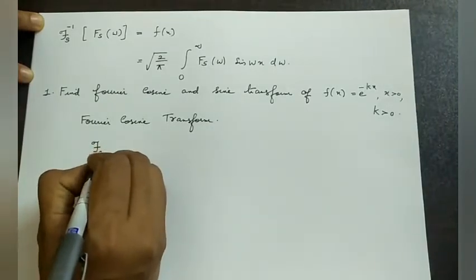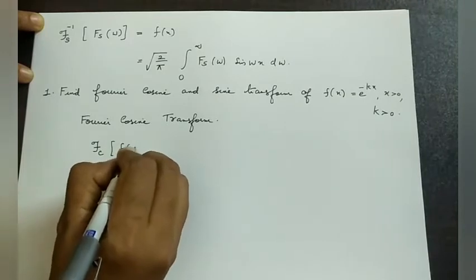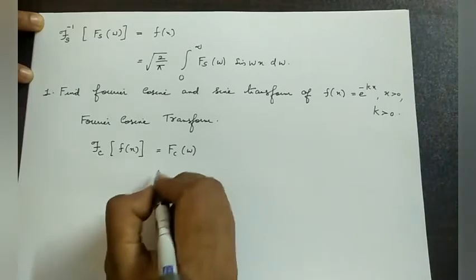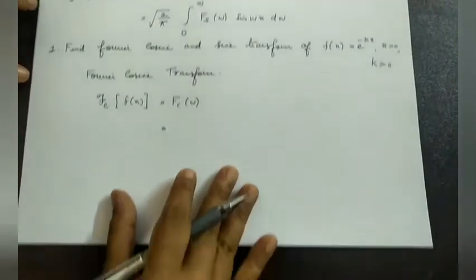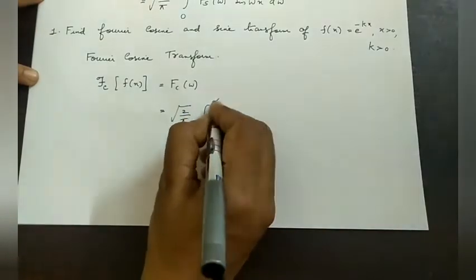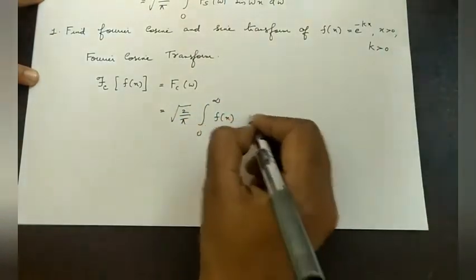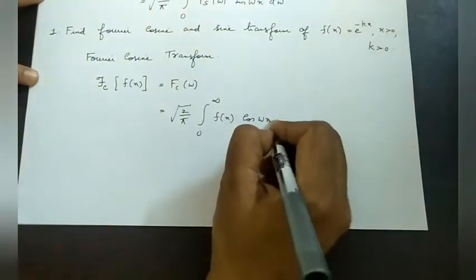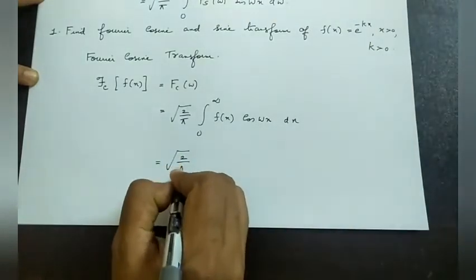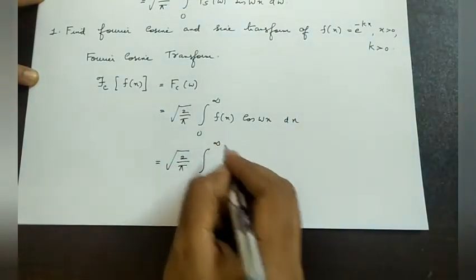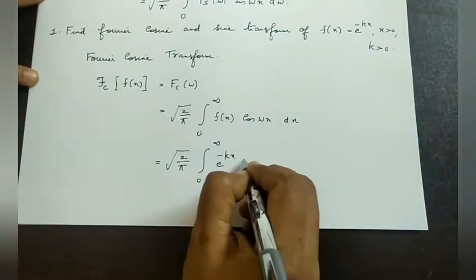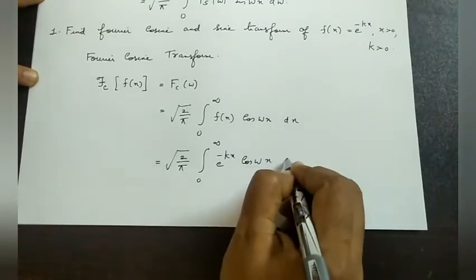The Fourier cosine transform of f of x is equal to, the formula is fc omega, which is equal to square root of 2 by pi integral from 0 to infinity f of x cos omega x dx, and which is equal to square root of 2 by pi integral from 0 to infinity. In the place of f of x we have e raised to minus kx cos omega x dx.